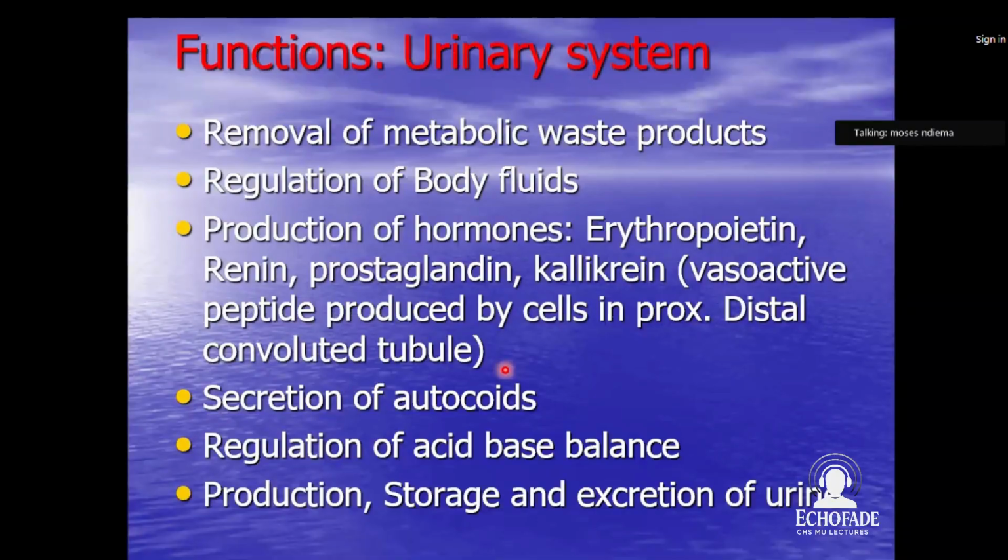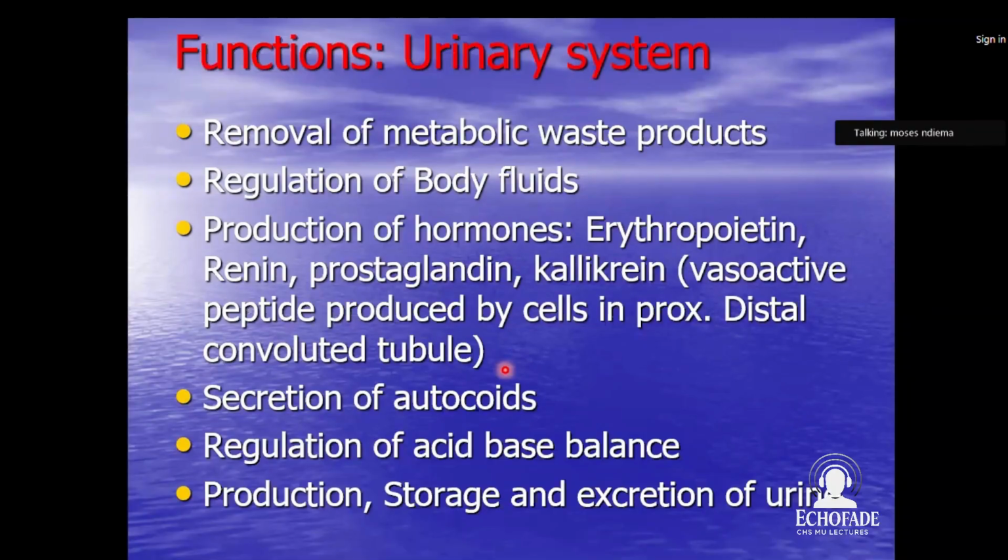The other one is production, storage, and excretion of urine. Production of urine as an ultrafiltrate of plasma. About 25% of the cardiac output passes through the kidney. And in a day, the plasma that is filtered through is about 180 liters. 180 liters of fluid is filtered through at the glomerulus.